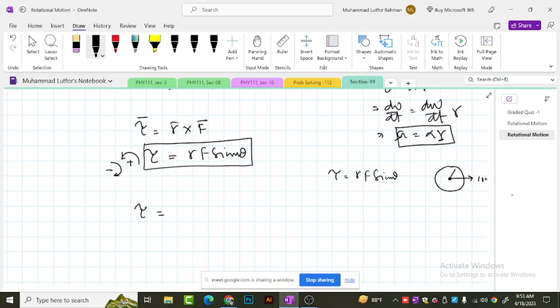What is the radius over here? Are we applying the force over here? Are we applying the 10 Newton force over here at a 0.3 distance? Where are you applying the force?